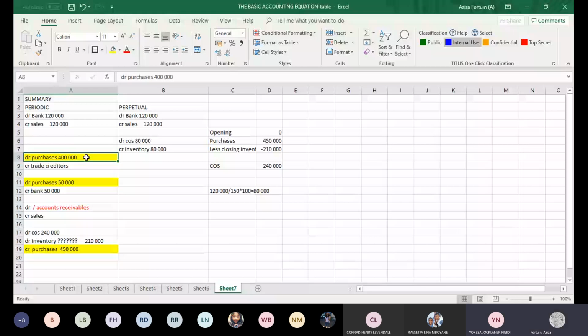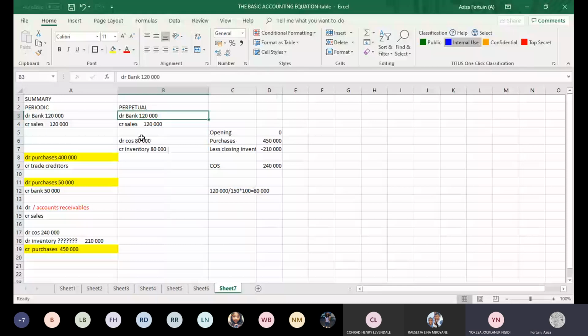Now, under the perpetual system, the cost of sales account is updated consistently whenever inventory is sold or issued or received. Under the perpetual, there are always 4 transactions. Under the periodic, there are only 2 transactions.